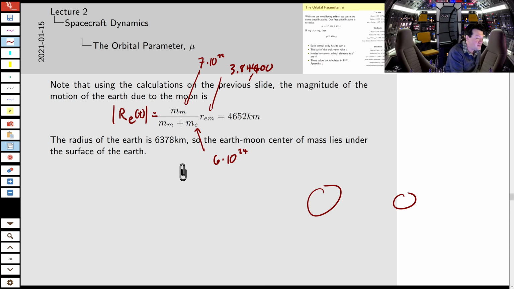Plug those numbers in, and we find that the barycenter of the Earth-Moon system is 4,652 kilometers from the center of the Earth.